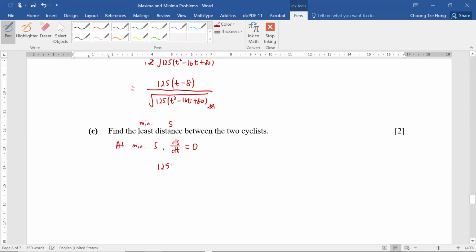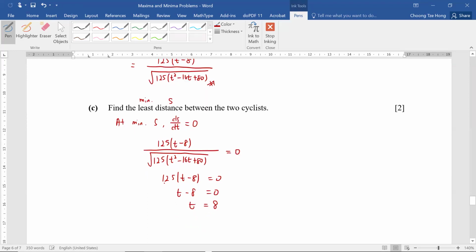So we equate 125(t minus 8) over the square root of 125t² minus 16t plus 80 to 0. Whenever you have a over b equals 0, it's always the numerator that's 0. The denominator can't be 0, because then the whole thing is undefined. So 125(t minus 8) equals 0, so t equals 8.